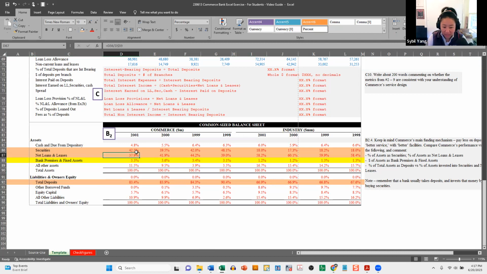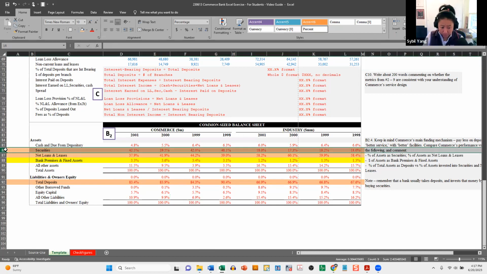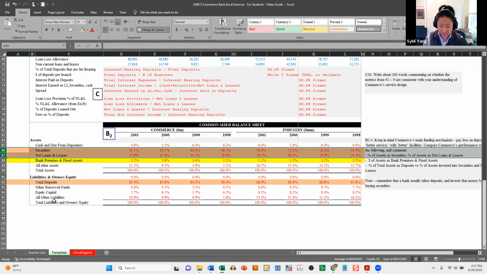Do they get loaned back out? Do they get loaned back out to governments? Think about the proportion between total deposits versus the proportion of securities and net loans and leases. And then write a couple statements on that. Okay. I will see you in the next video.